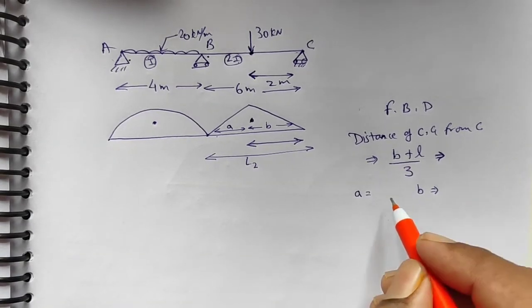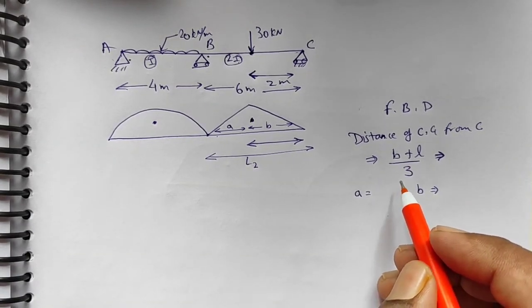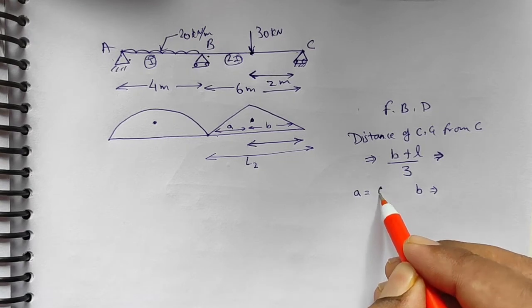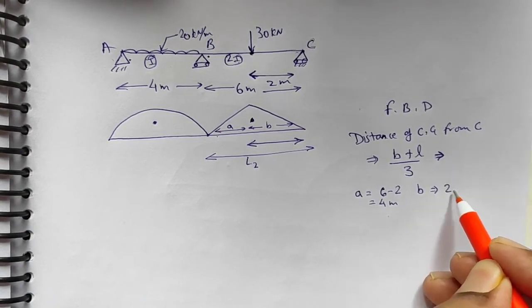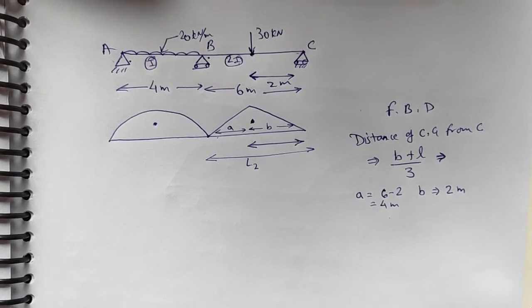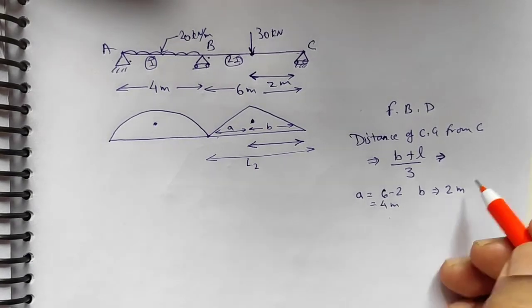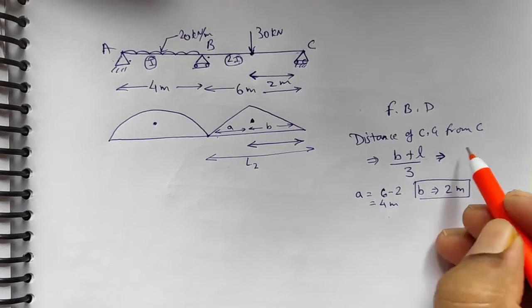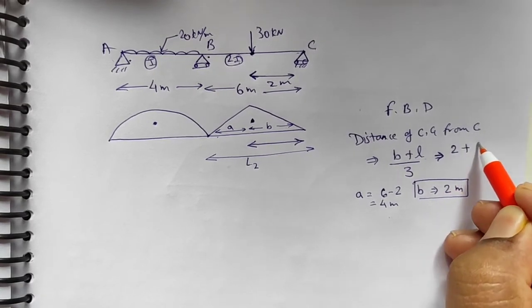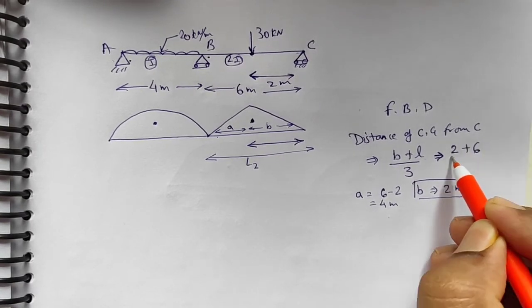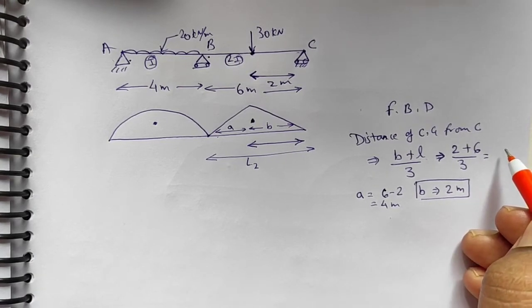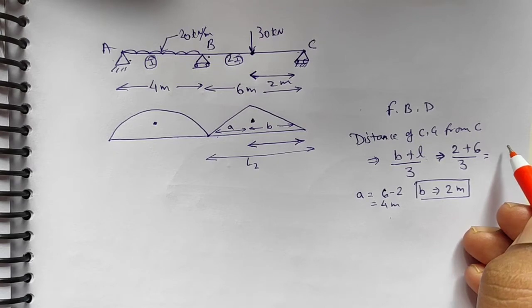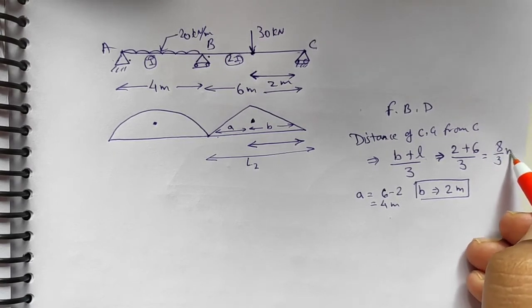Hence I'll take the value of a as 6 minus 2, that is 4 meter, and the given b value is 2 meter. Now I'll put this value of b in the equation, that is 2 plus L, which is 6 meter, upon 3. So this will be equal to 8 by 3 meter.